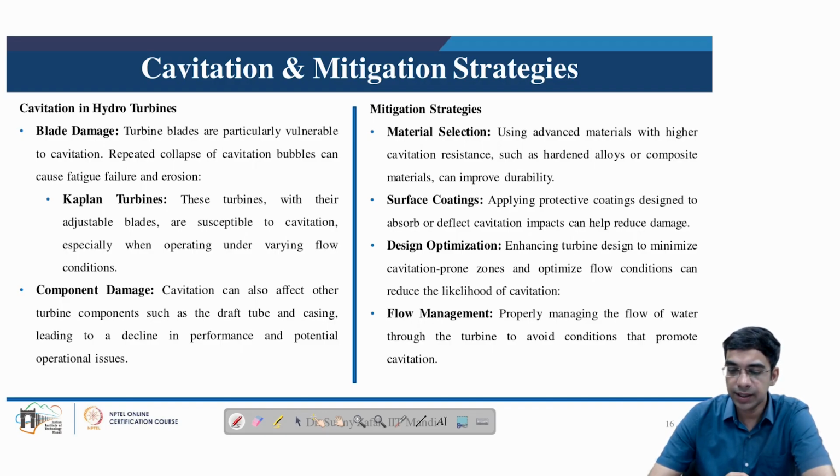Design optimization: enhancing the turbine design to minimize cavitation prone zones. Optimizing flow conditions may also reduce the likelihood of cavitation. Flow management of water: properly managing the flow of water through the turbine can also avoid conditions which promote cavitation.